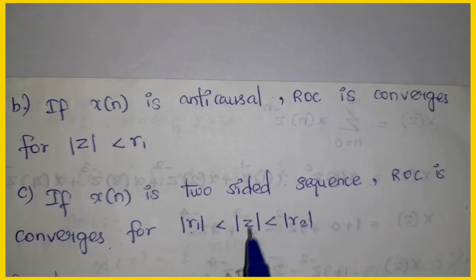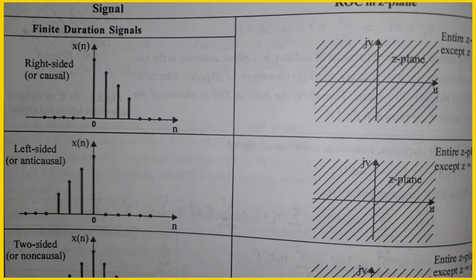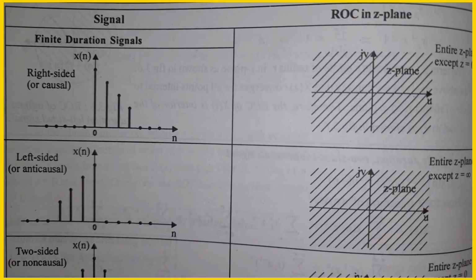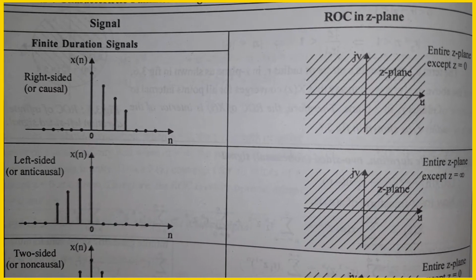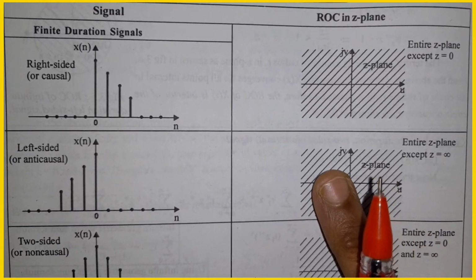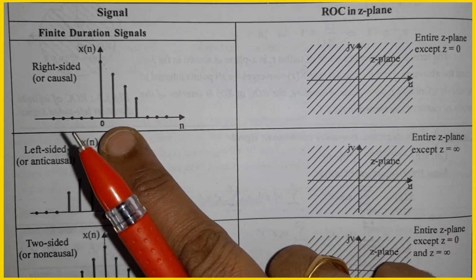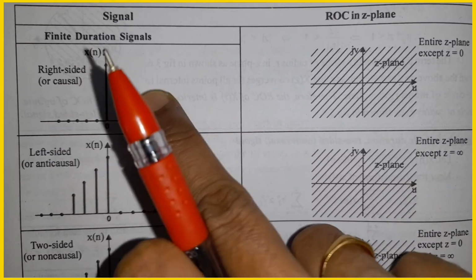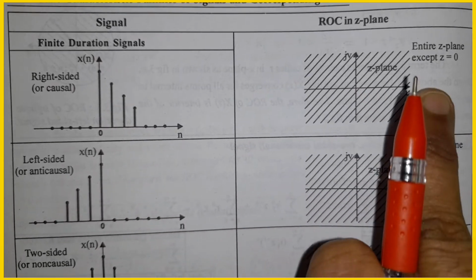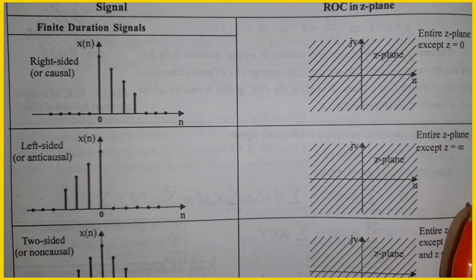So it has a smaller value compared to the radius. So this is the final signal for the ROC Z plane. It will contain two signals. One is a finite duration signal, another one is a non-finite duration signal. From this signal we have to explain the ROC plane, that is, the region of convergence.